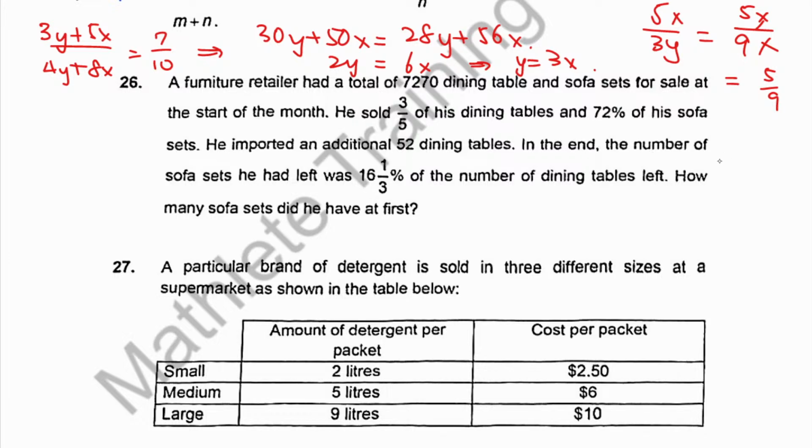And in the end, he imported another 52 dining tables. The number of sofa sets he had left was 16 and 1/3% of the number of dining tables left. This is quite a wordy question, but if we convert it into mathematical statements, it will be much easier.